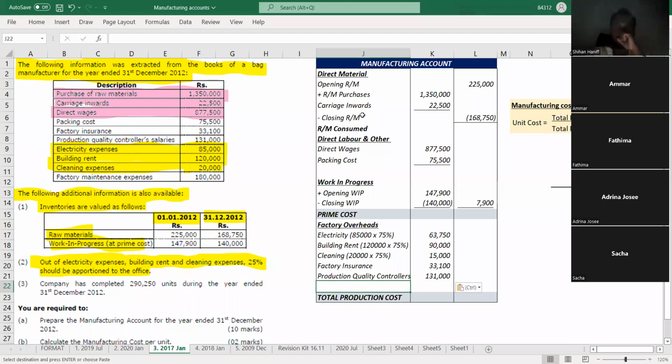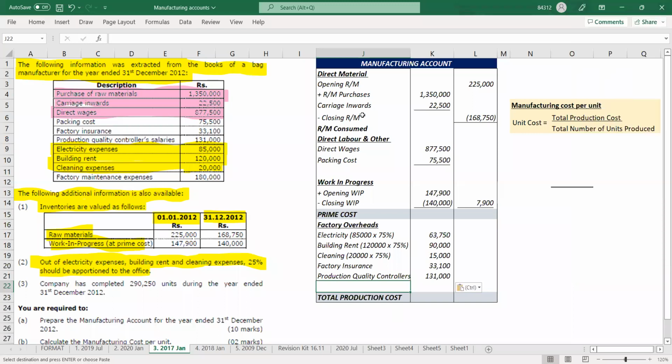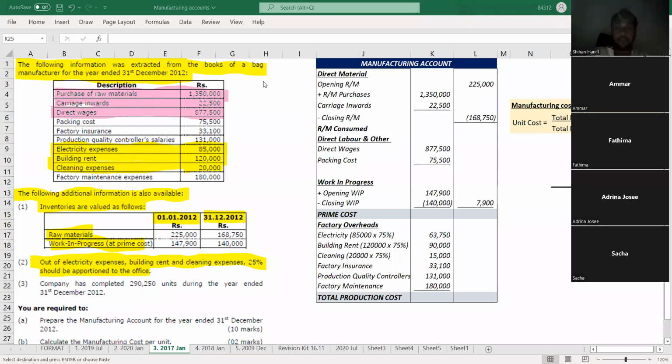Overhead. Right, so that completes the manufacturing.